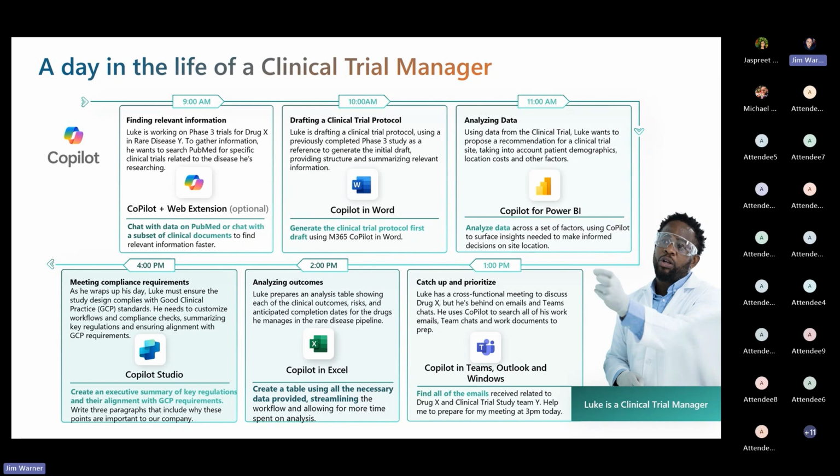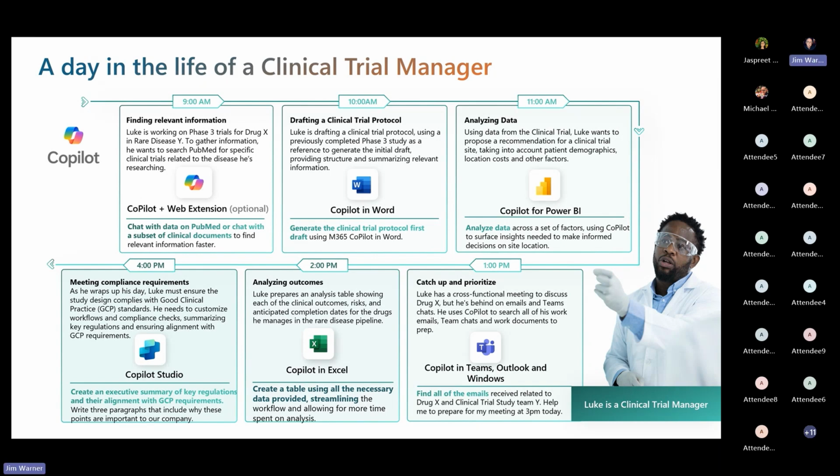So you can actually see that, in this case, Luke is a clinical trial manager. Basically in the morning, he's going through key activities, right, for finding information on clinical trials or protocol documents. Can be doing internal documentation, looking at internal documents using Copilot, but you can also use things like we've shown, PubMed and JMIR.